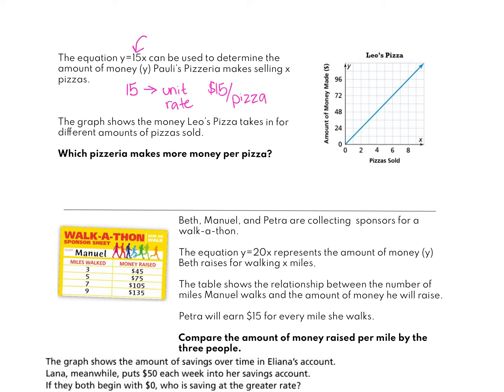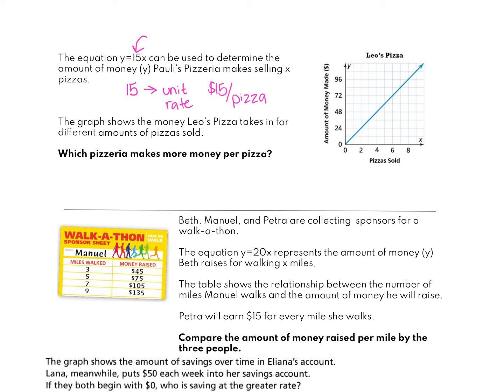The graph shows the money Leo's Pizza takes in for different amounts of pizza sold. So we need to figure out which of these makes more money or has the higher unit rate for pizza. For here, we're going to look at the slope. You can pick any 2 points.